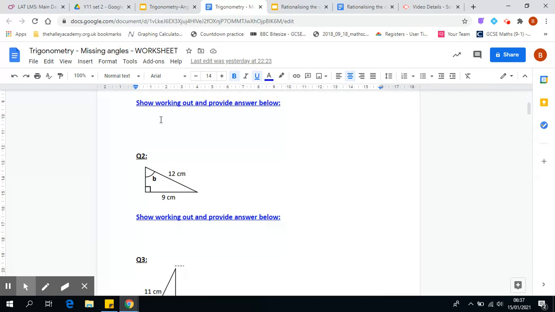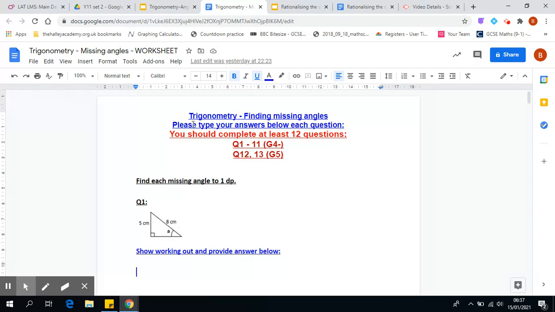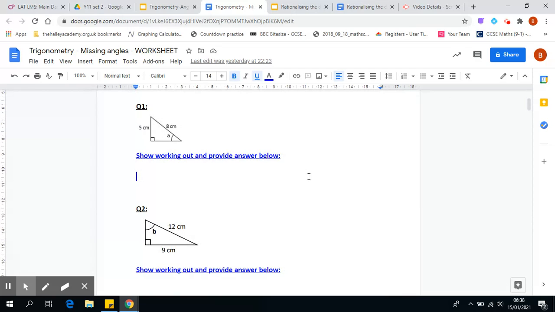Ensure you type in the working out clearly below each question. You must complete the worksheet and attach the completed worksheet with the assignment. I repeat, you have to attach the completed worksheet with the assignment. Good luck. Let me know if you have any questions.